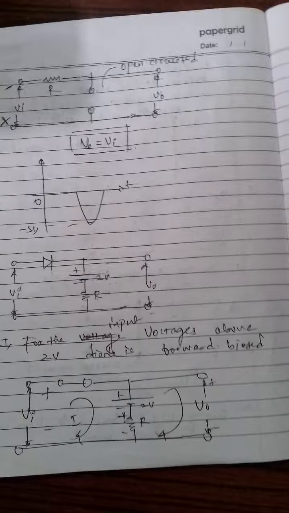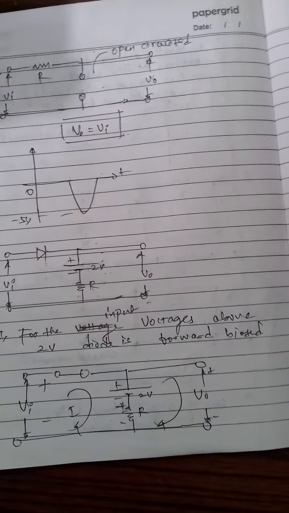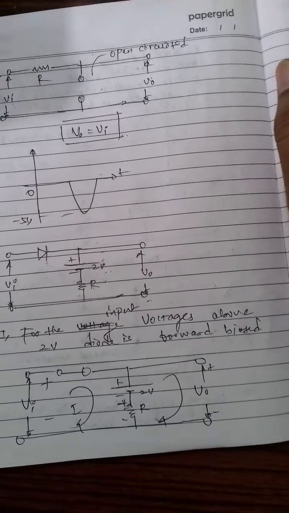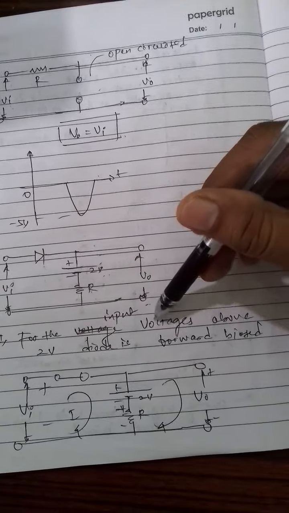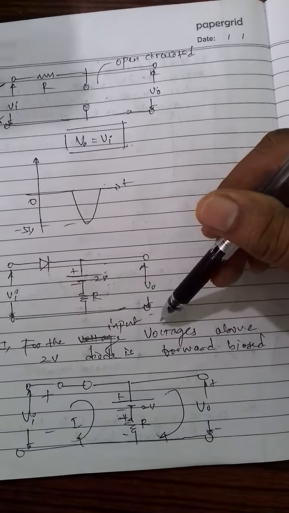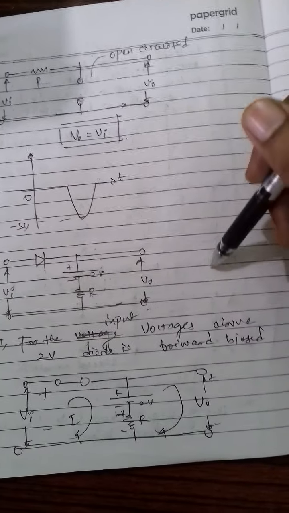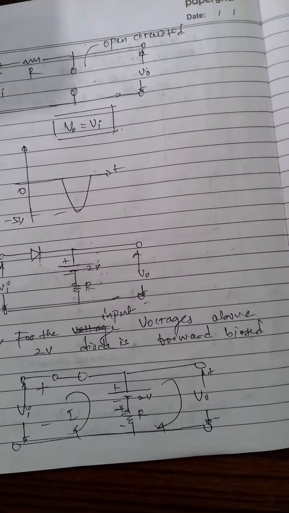When the diode is on, do the analysis and determine the output, and when the diode is off, do the analysis and determine the output voltage.